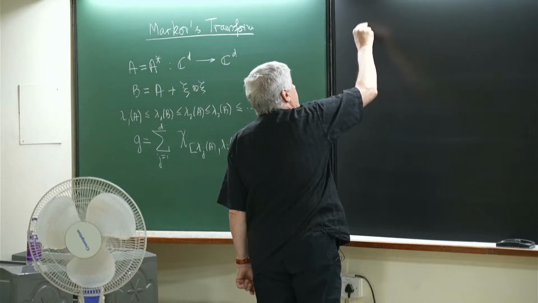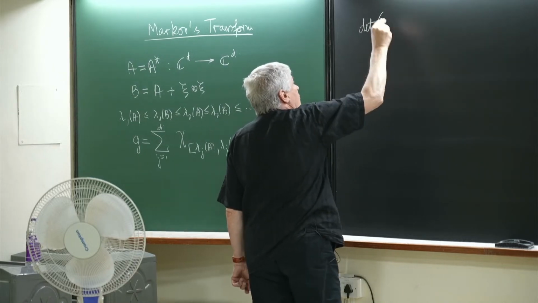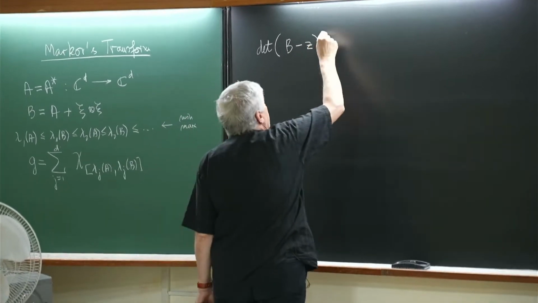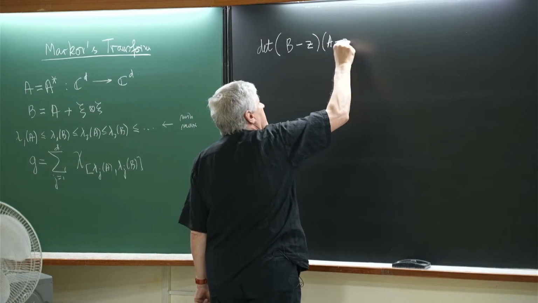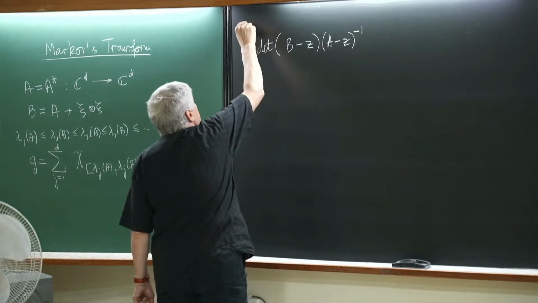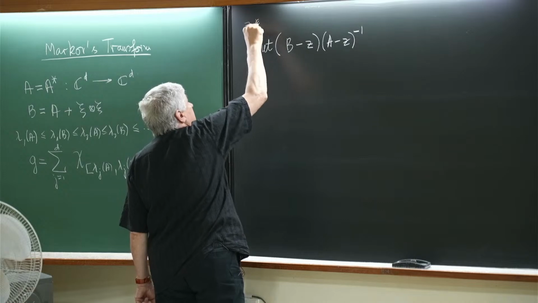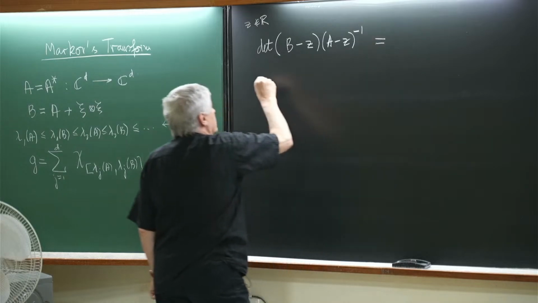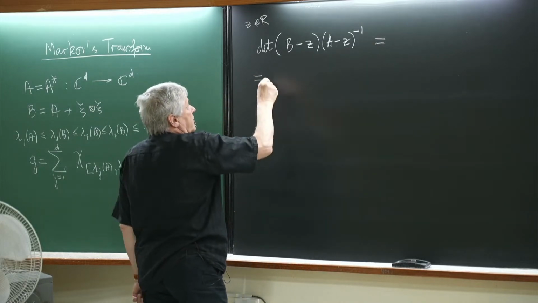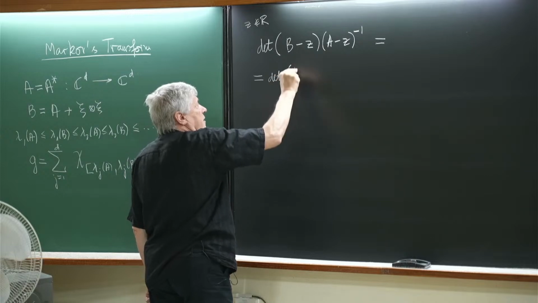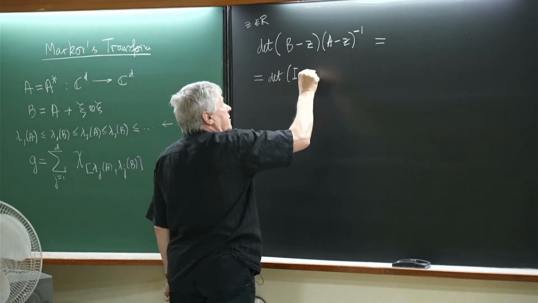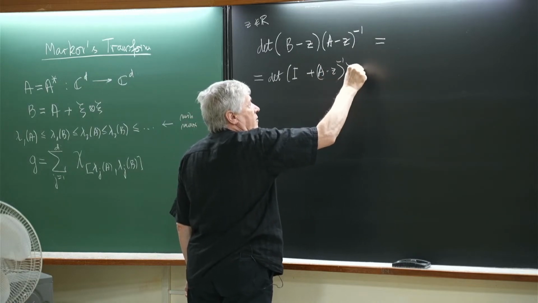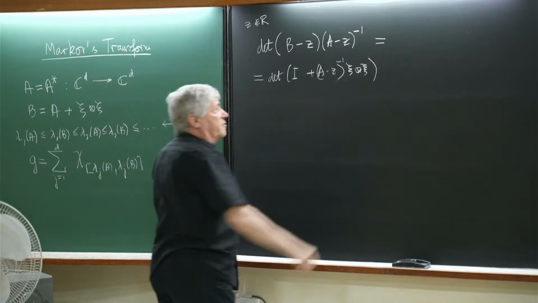The determinant of (B minus Z times identity) times (A minus Z) inverse, Z, let's say, non-real, is equal to the determinant of the identity plus (A minus Z) inverse times the rank 1 perturbation.